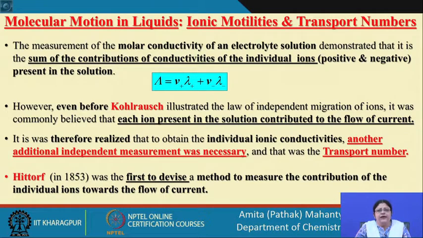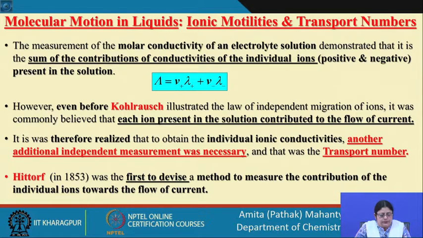Therefore, it was realized that there must be another additional independent measurement necessary to obtain the individual ionic conductivities, and that is known as the transport number. Hittorf was the scientist who first, in 1853, measured the contribution of individual ions towards the flow of current.